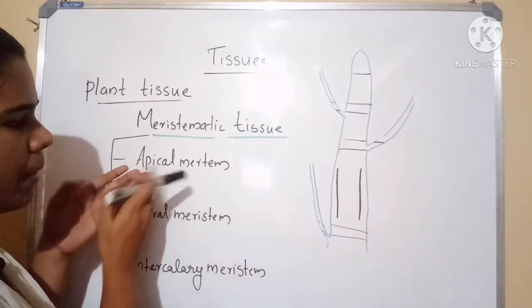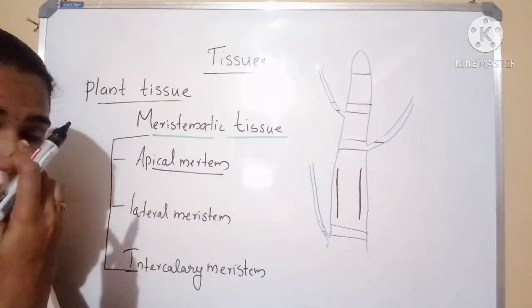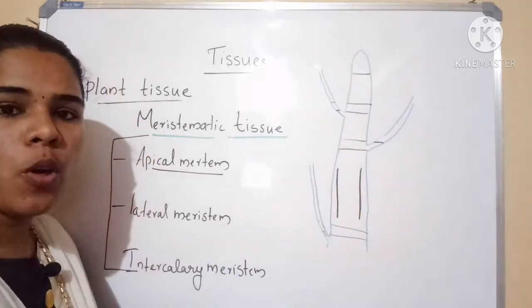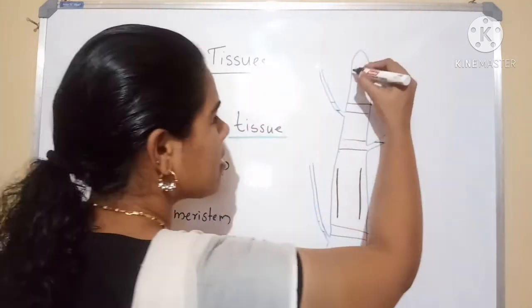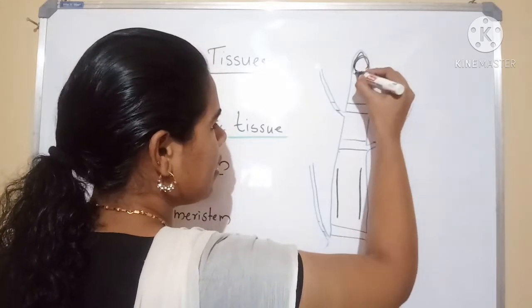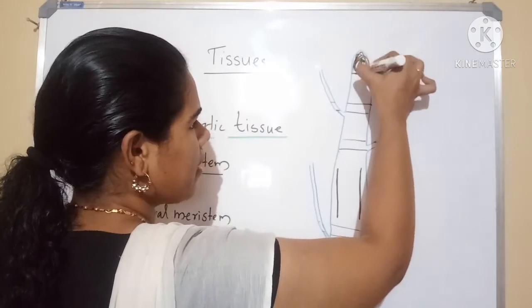Let's move to the first one, apical meristem. Apical meristem means that at the apex of the stem, the top of the stem, we can see meristematic tissues. In this region meristematic tissues are present.